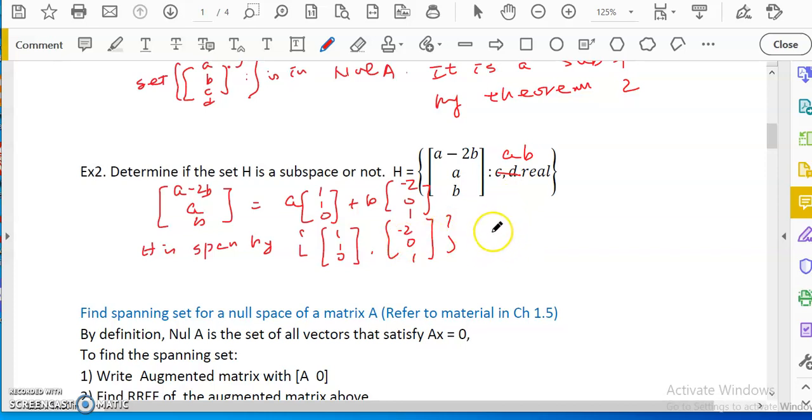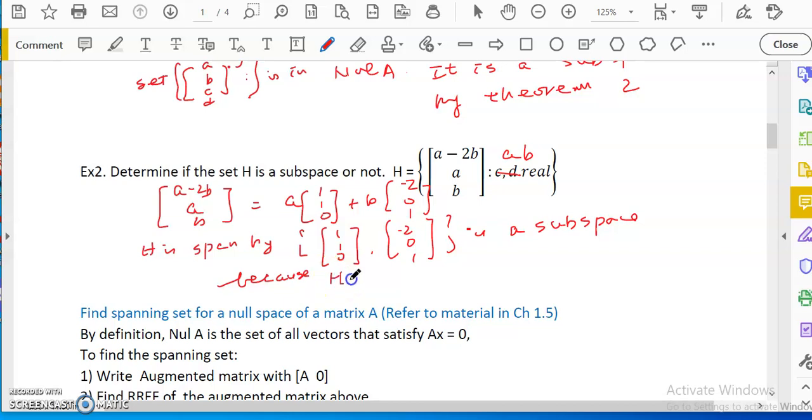And is the zero vector in H? It is a subspace because if you can write the spanning set, all of them are linear combinations of these, including the zero vector.